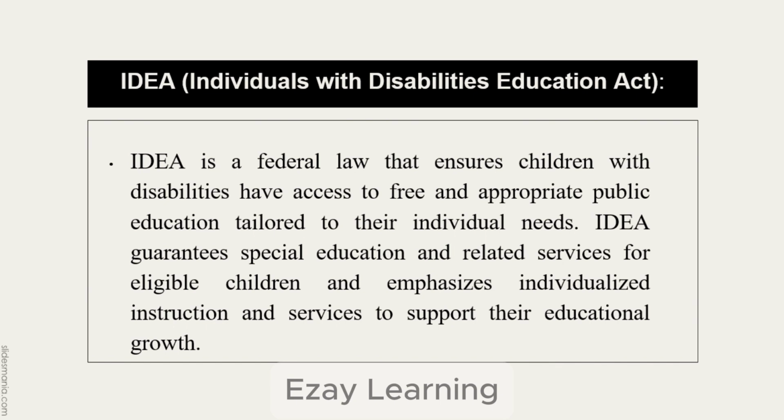So for child A, whose eligibility was based on IDEA, there will be an IEP. An individualized education program will be developed for child A, because he was eligible as per IDEA. I hope it is clear now. IDEA is basically the federal law confirming the eligibility, and the IEP is the plan which is made for the children after their eligibility is ensured.